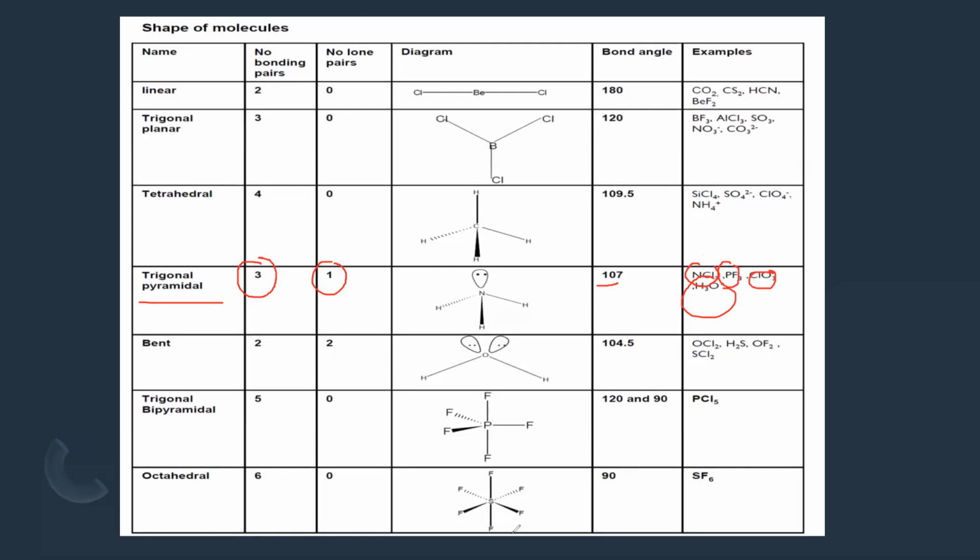Like when we draw H3O+, first the bond, oxygen forming a bond with hydrogen, like a normal water molecule, but then there's a dative bond.